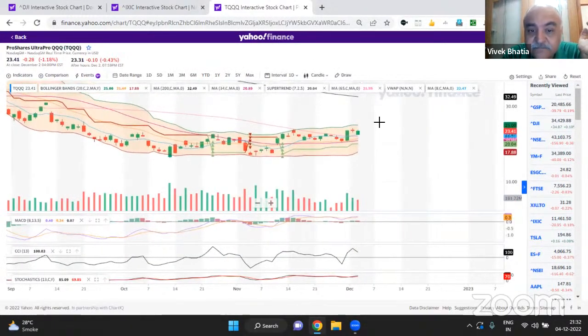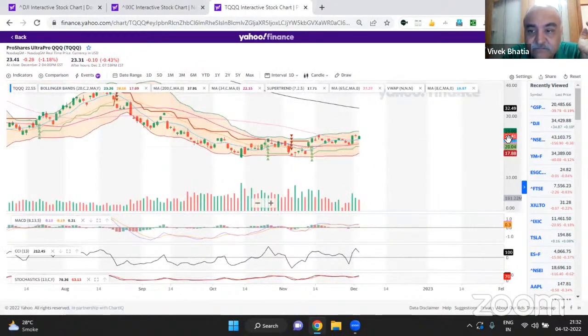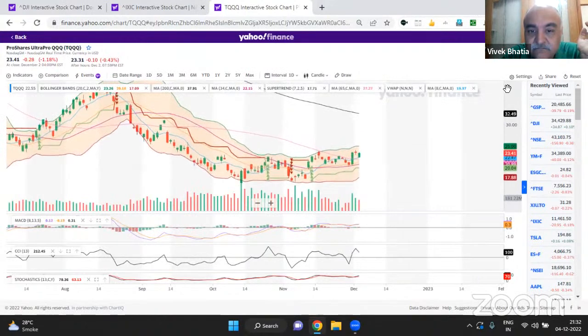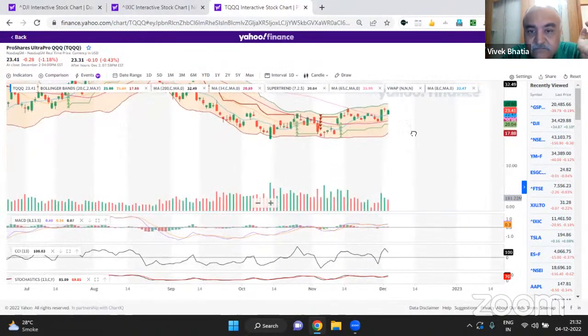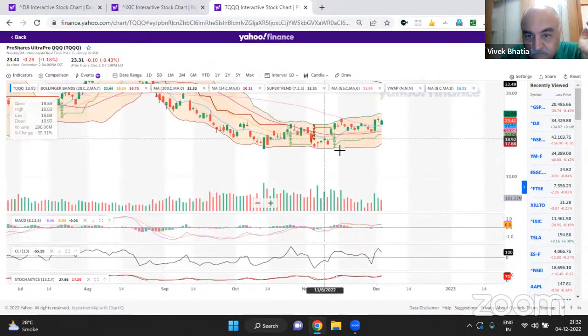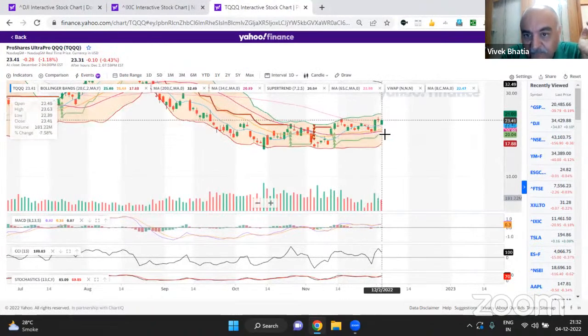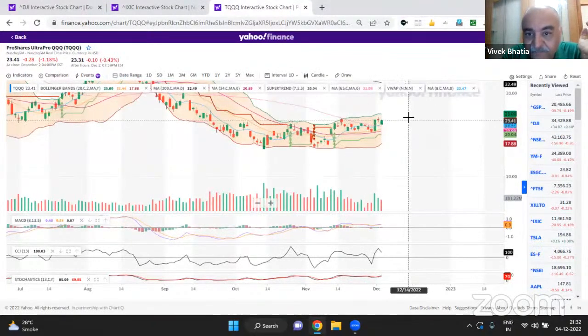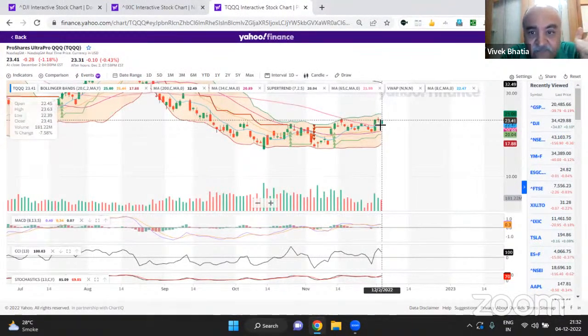TQQ. Clear climbing, flattish, and again going up. So first targets on TQQ, you could be looking to buy keeping the low of Friday as the stop loss of 22.35 or 22.30.